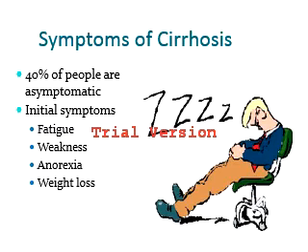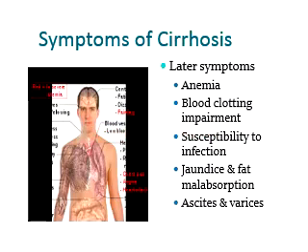40% of people with liver cirrhosis are asymptomatic, meaning they don't have any symptoms. But the initial symptoms that you're going to have, if you have symptoms, include fatigue, feeling tired, weak, low appetite, and also weight loss. Later symptoms of liver cirrhosis could be anemia, meaning that your red blood cells aren't able to carry enough oxygen to your tissues.